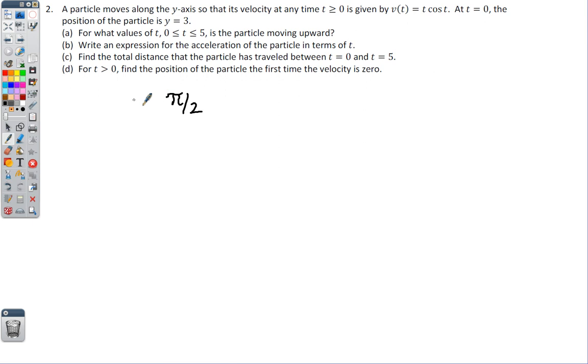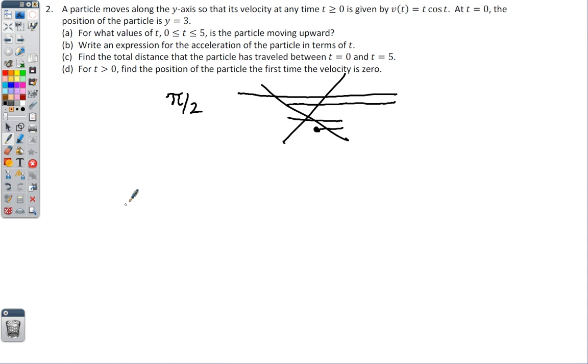So remember that in part C we found total distance. That calculates how far the particle goes from here, and then maybe it moved backward a little bit, and then maybe it went this way, and then this way, and it ended up here. And total distance calculates this plus this plus this plus this. When we find position, we don't want to consider it that way.